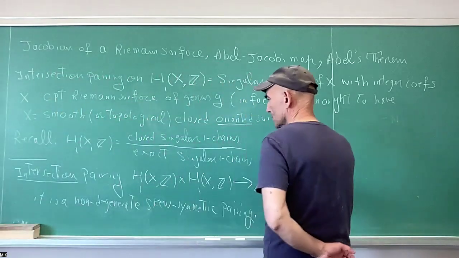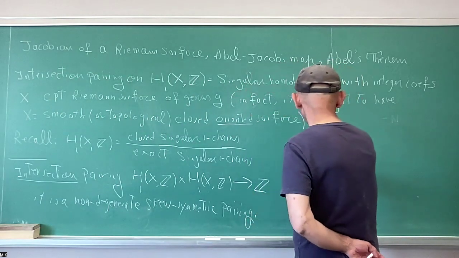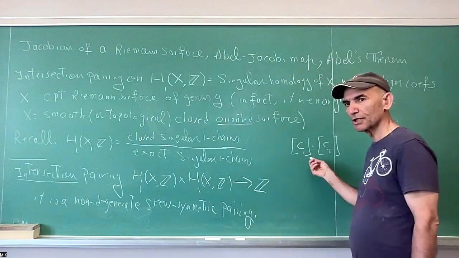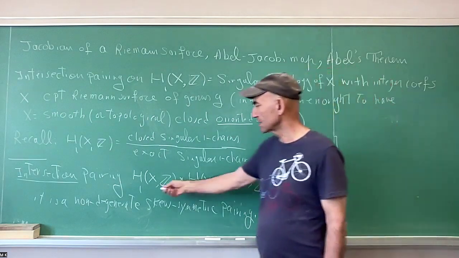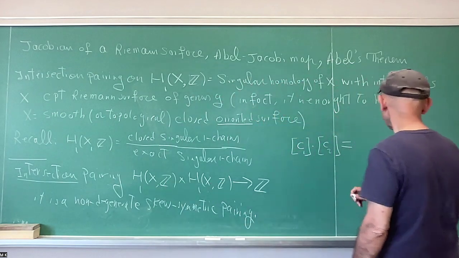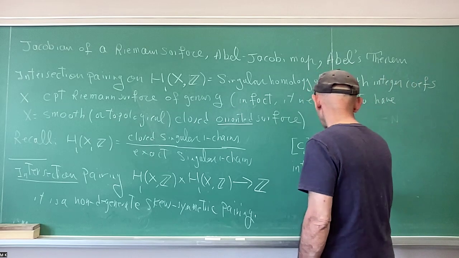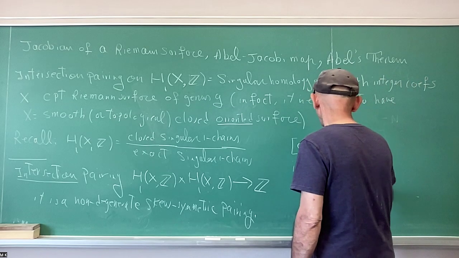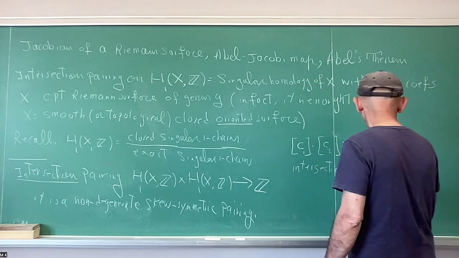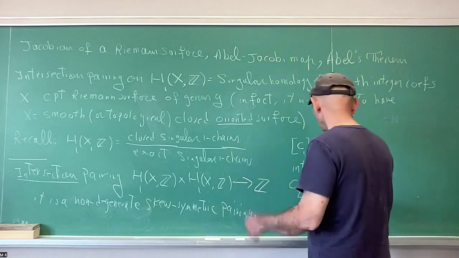Basically, if you have a closed chain C1 representing a homology class here, and another closed chain C2 representing another homology class here, then this is by definition the number of intersections of C1 and C2, counting with multiplicities.